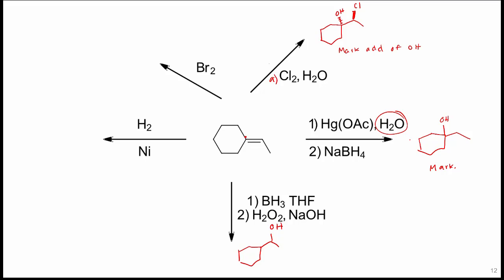So my carbon number hasn't changed, and our reaction is only occurring where the alkene is. So I shouldn't be adding OHs to this position here just because it's on the end. It's just the less substituted carbon of the alkene. All right, does anybody remember what H2 and nickel does to an alkene?